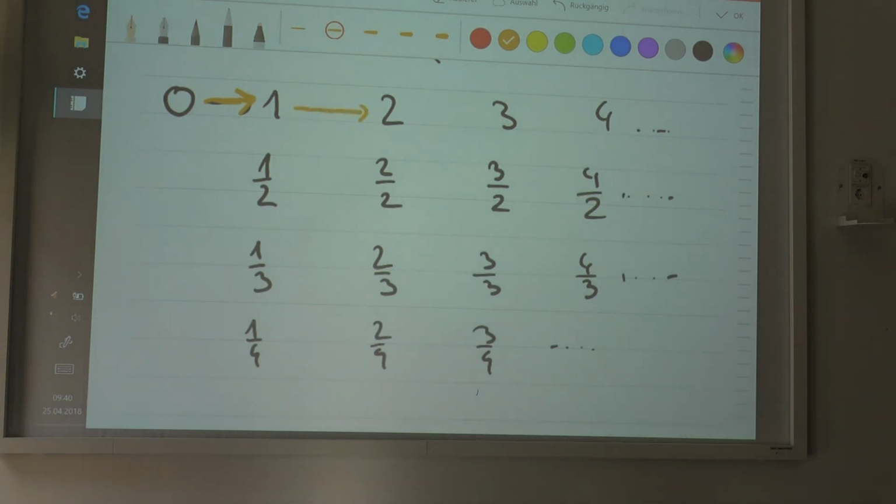And then we construct a snake here. The fourth member would be 1 over 2. Then we go down, 1 over 3, then we go up again. So there is a snake.